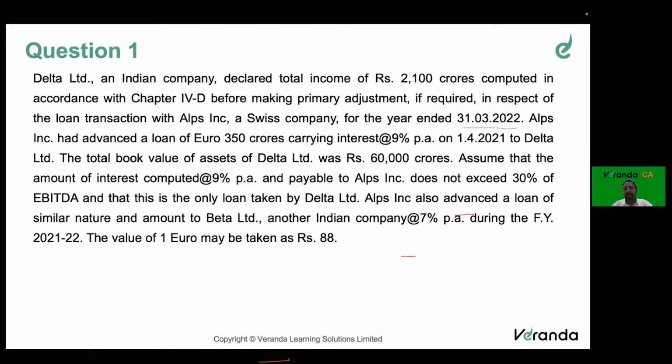Then they're saying that another Indian company has also lent a loan at 7% per annum to another Indian company in the financial year 21-22 itself. So they've given a comparison. The euro rate is around 88.